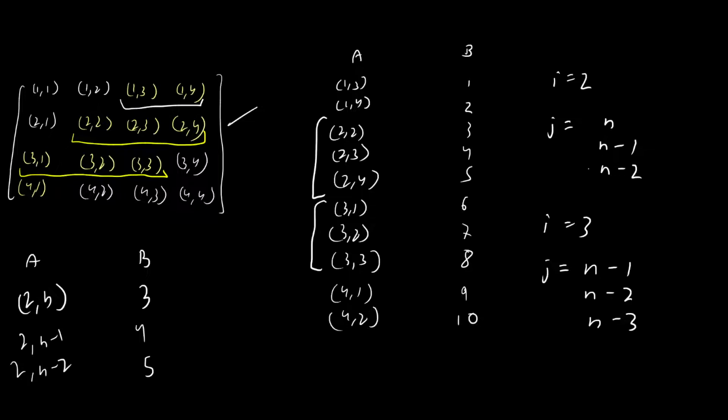For 2 comma n we got 3. For 3 comma n minus 1 we got 6. It is not helping. I believe I have to cut this video and get back with another one, so that all this time is not wasted with me just thinking out loud.